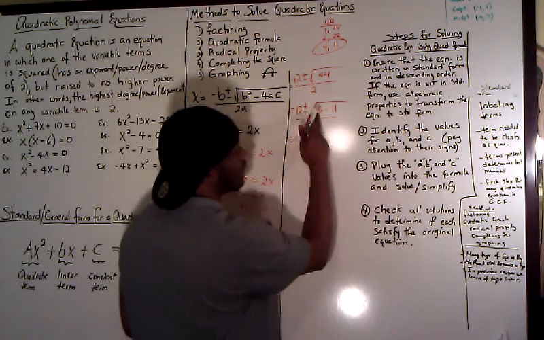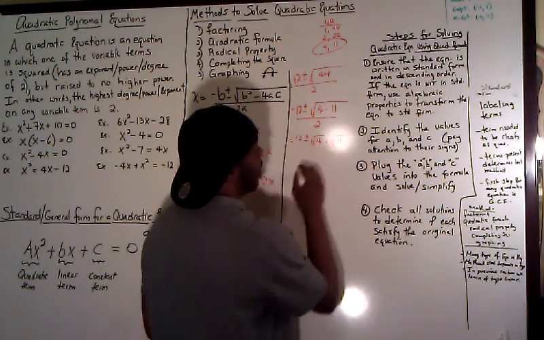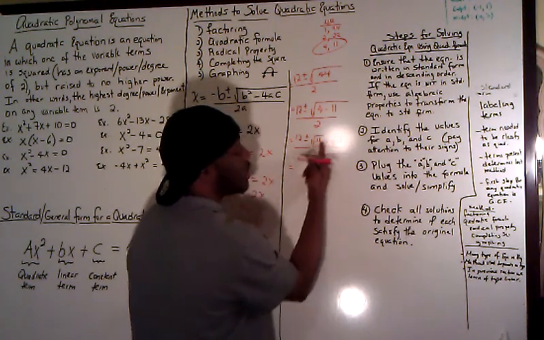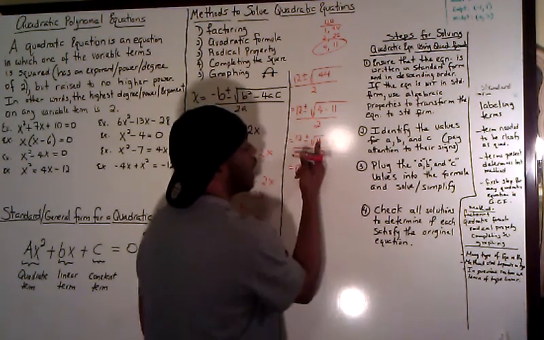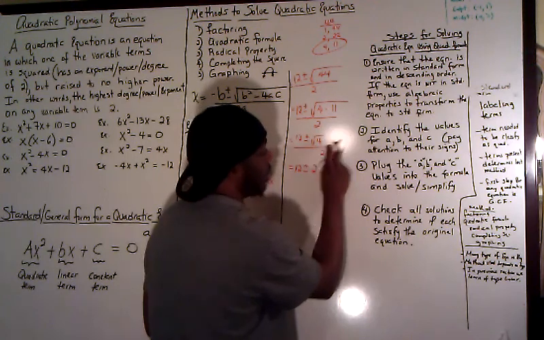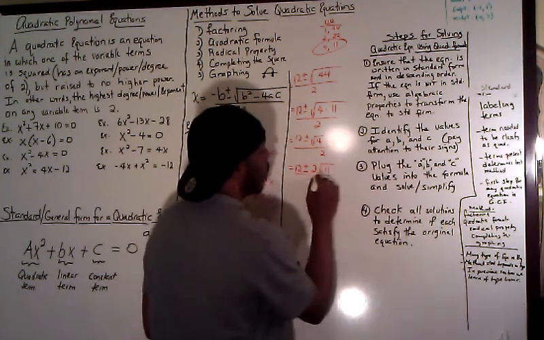So I can rewrite this as the square root of 4 times the square root of 11, all over 2, so that I can simplify the perfect square. This becomes 12 plus or minus the square root of 4, which is 2. The square root of 11 cannot be simplified because it is a prime number underneath there, so I just write it as it is, square root of 11, all over 2.